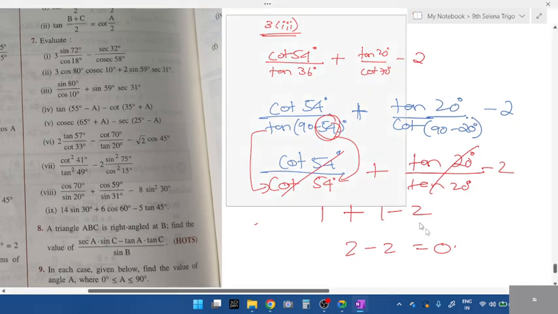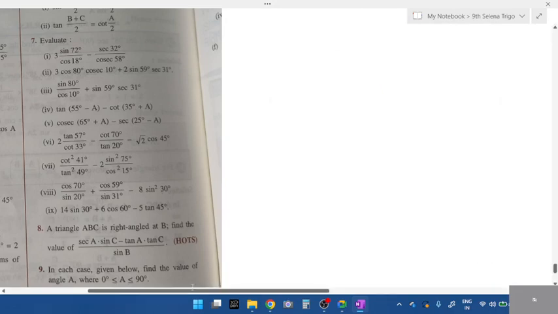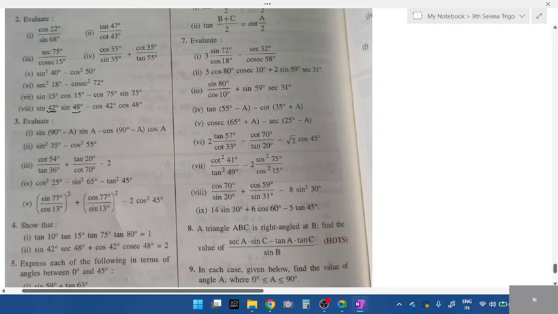Next question. How do you solve the next one? Not sin 77.